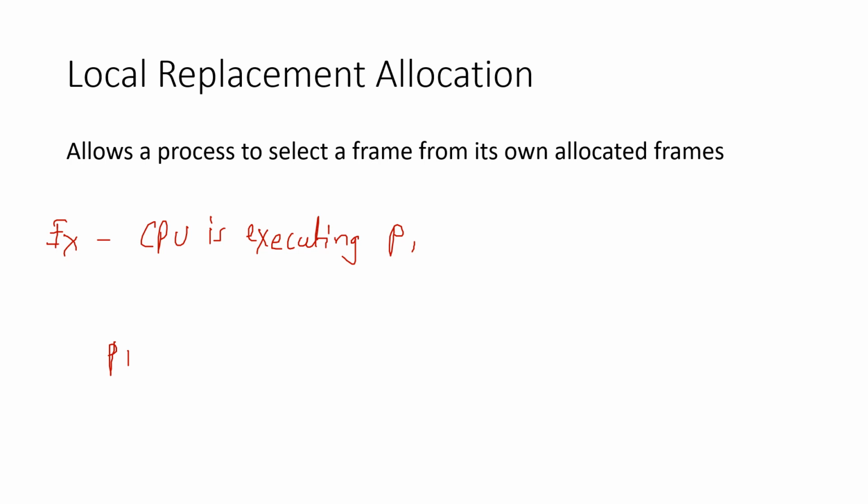Suppose P1 has 5 allocated frames, so it can store the pages only in these allocated frames, and P2 can store only in its allocated frames. In the previous example I have shown, P1 had 5 frames and P2 had 3 frames. So P2 can store only in these 3 frames and P1 can store only in these 5 frames. So the number of frames per process is fixed in this case.